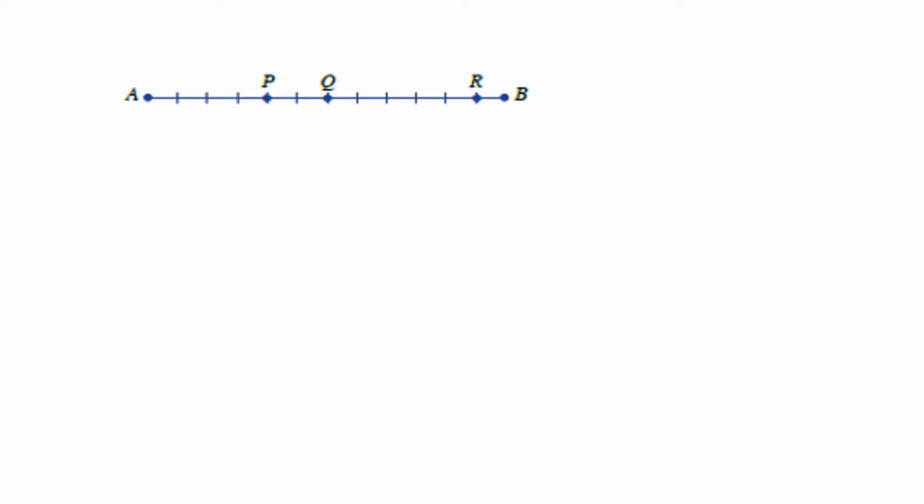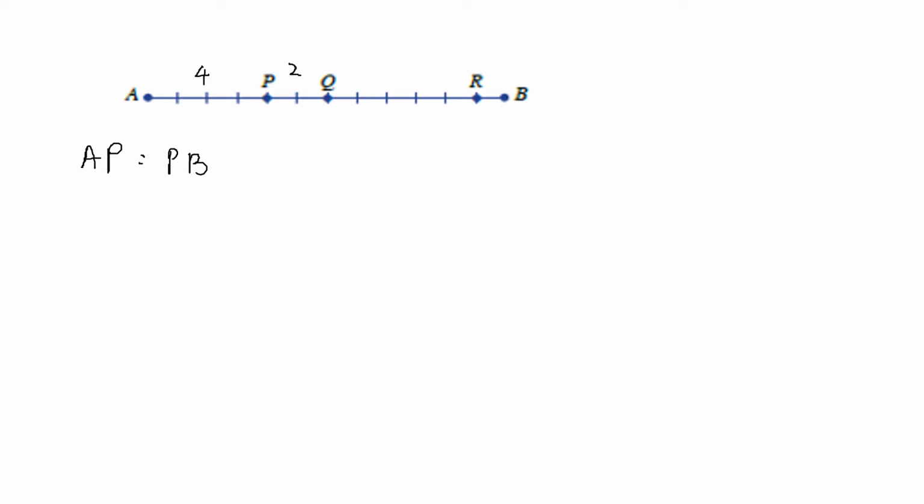So AB is a line segment. So if we are asked to find the ratio of AP is to PB, this portion is given on a line. So here we have 1, 2, 3, 4, and here we have 2.